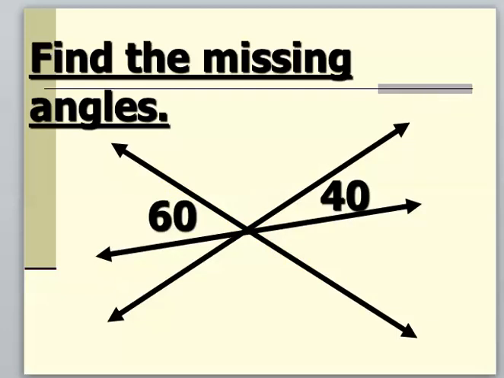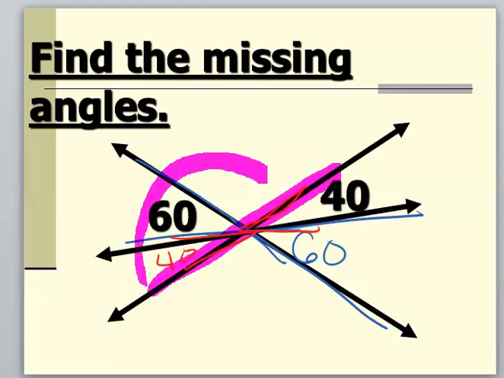We're going to expand our picture a little bit. This time we have 3 intersecting lines. I'm going to start by focusing on just 2 at a time. When I look at these 2, I know that the 60 is vertical to this 60 degrees. And when I look at these, that 40 is vertical to this 40 degrees. Then again, if we look for straight lines, these 3 angles all together would make the straight line.